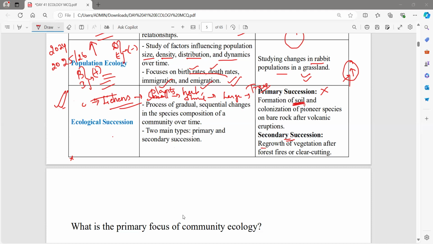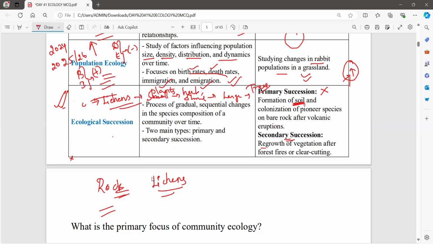Pioneer species will be the rock, barren rock. And sometimes we also call this lichens, because rock is considered an abiotic factor, but they are saying that lichens are considered a living being.